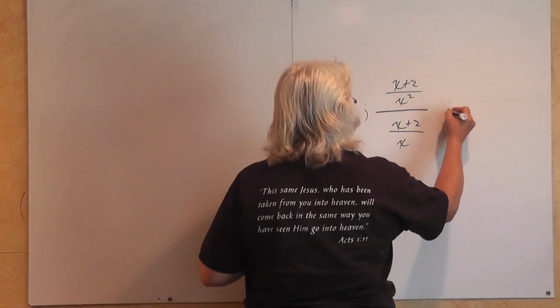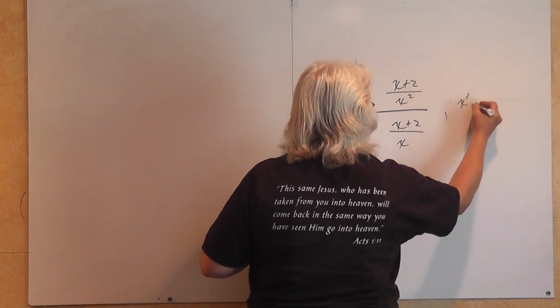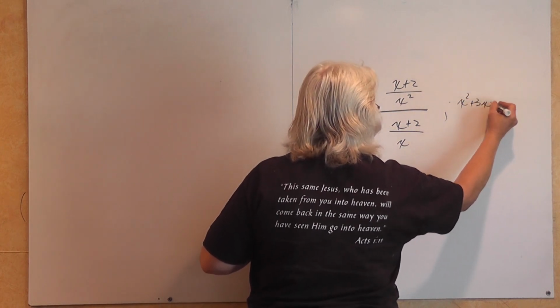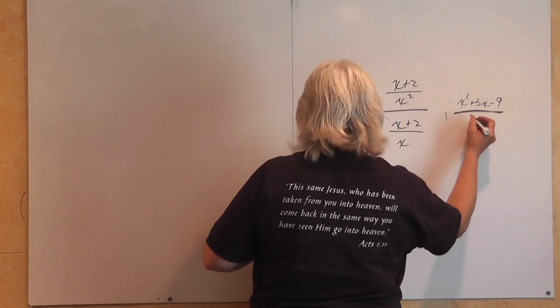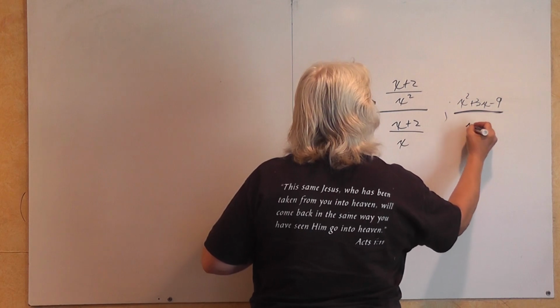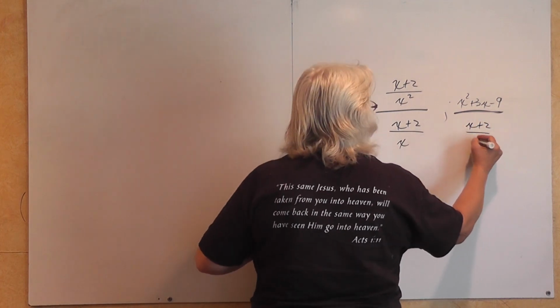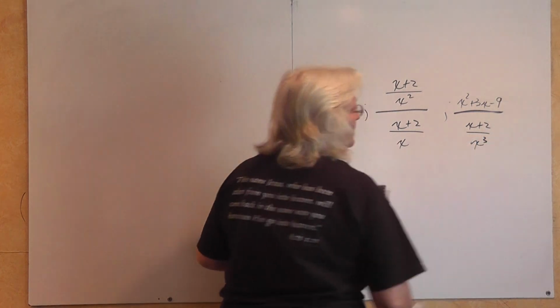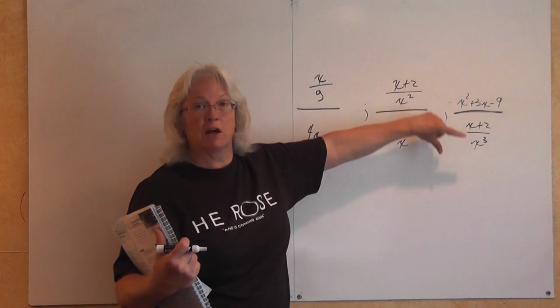Here's another example of a rational expression. We have x squared plus 3x minus 9 over x plus 2 divided by x cubed. It still looks really strange, but it's a rational expression.